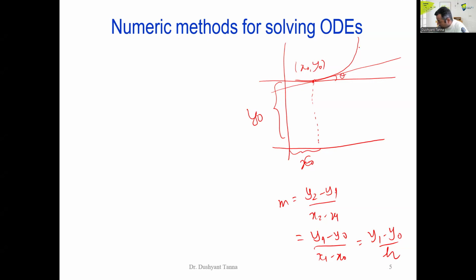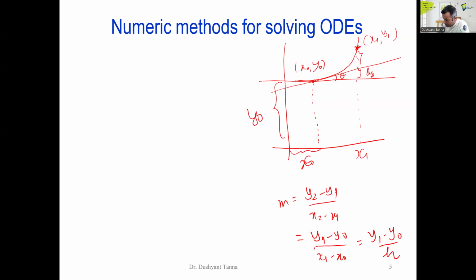That's theta. If that point is my next point, this point will be what we call x1. The point here is called x1, y1, right? And there will be this part. So this is what we call delta y, the error part. Why do we call it delta y?